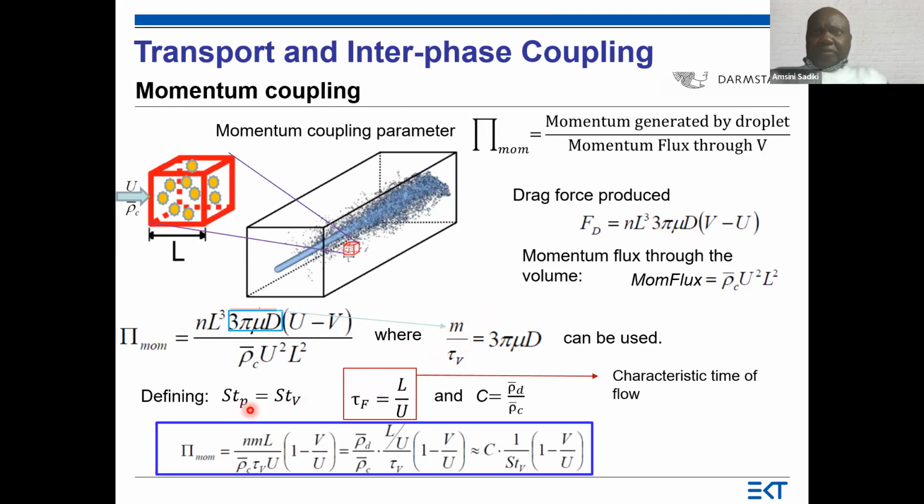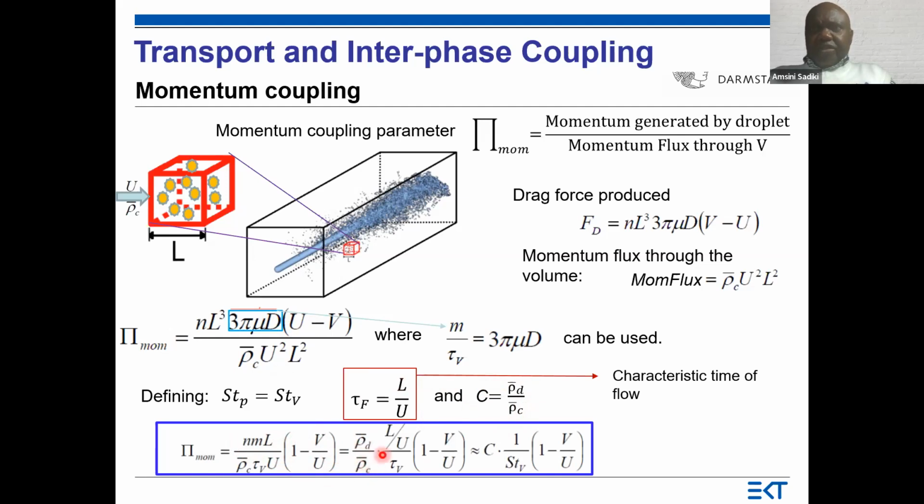And from our notation, this particle relaxation time is equivalent to exactly the dynamic relaxation time. And we know that the corresponding time of the flow is L divided by the velocity. And we had also introduced this concentration. We put everything here, we get exactly what we have here, so that we can replace this quantity by C.